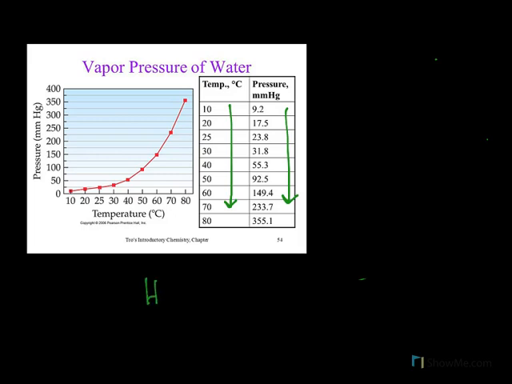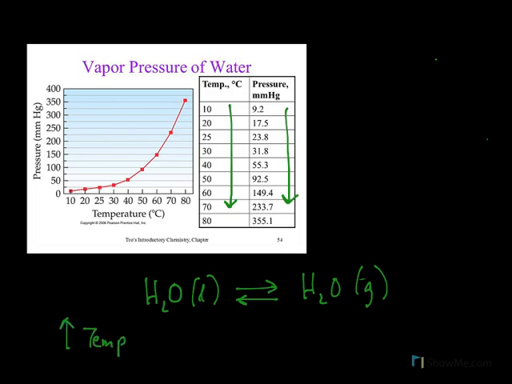That means that as you're going from liquid to gas, even though it's in equilibrium, as you're increasing the temperature, you're forcing the forward reaction, so you're creating more H2O gas, which then leads to a higher vapor pressure.